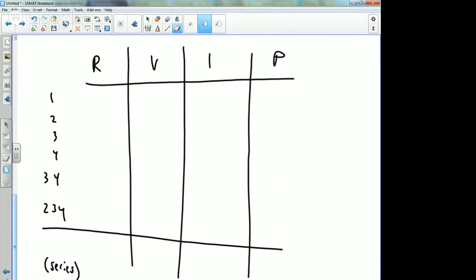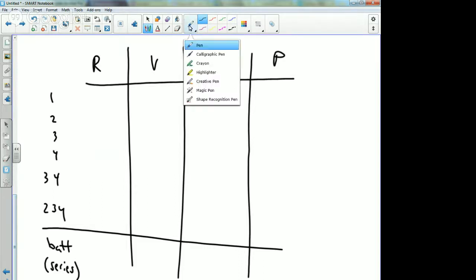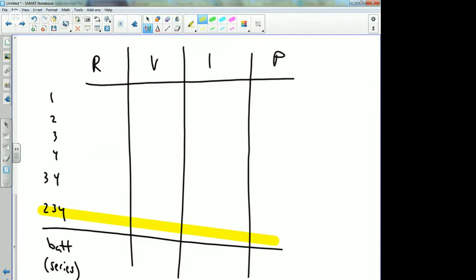So the battery, I'm going to say. So now in the final one, I have a series circuit combined. And with the final one, it's really combining 234 with 1, okay? And that creates the battery.